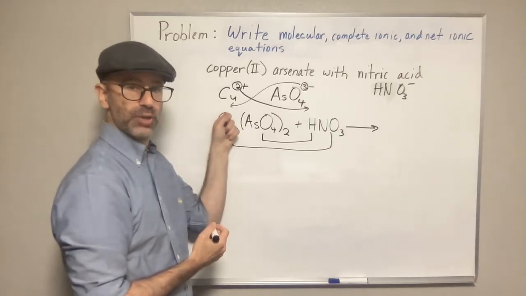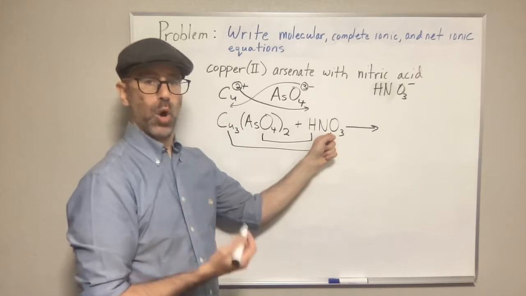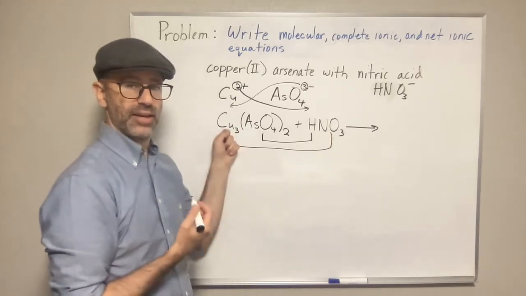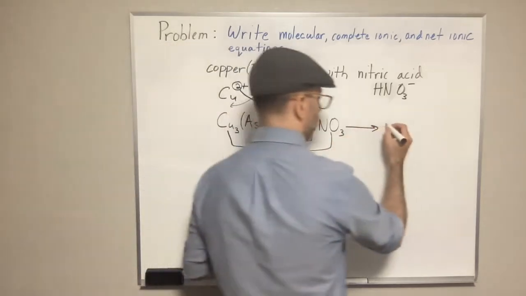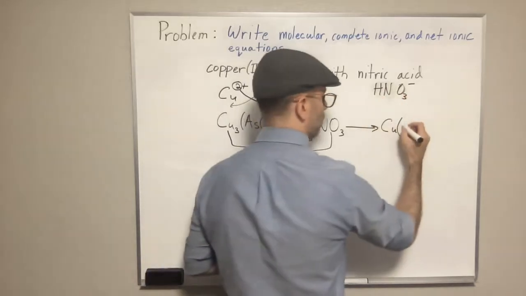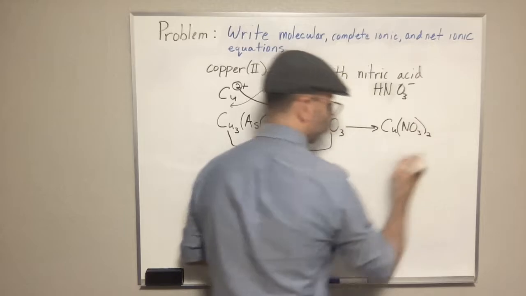Copper has a 2+ charge, and we have nitrate that has a -1 charge. So we're going to need two nitrates to balance the charge on the copper. So we're going to have Cu, and since we have two nitrates, we're going to have parentheses, so Cu(NO3)2.